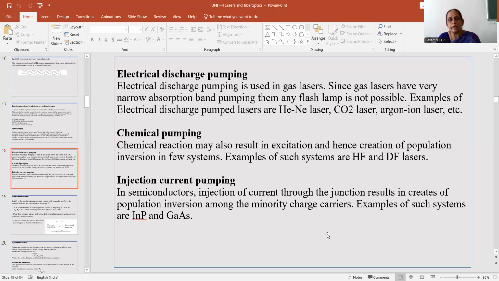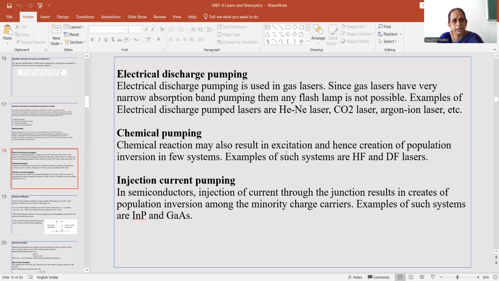We supply current through the junction. Therefore, more electron and hole pairs can be generated, and hence population inversion among the minority charge carriers occurs. Therefore, we get the laser output. Examples of such systems are indium phosphide and gallium arsenide.